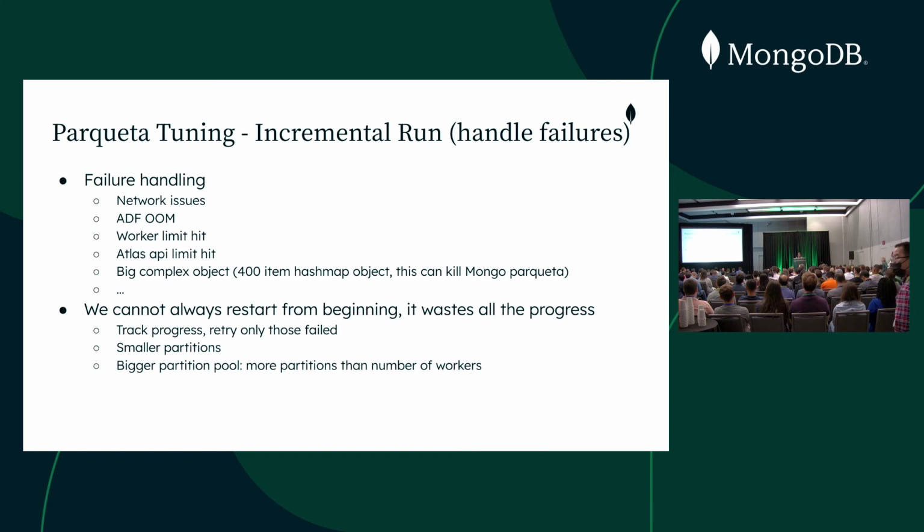We also track the progress. So any time one of the partitions failed, that worker only needed to redo that small piece of work. With this, we can dramatically reduce the average processing time. This is very important, and I want to emphasize it.